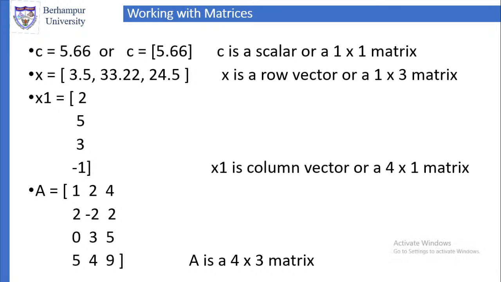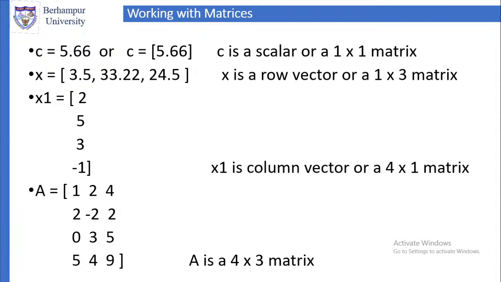Finally, we see a 4 cross 3 matrix, A, written within square brackets. So when you are working with matrices, remember this is how you represent a row vector, a column vector, a matrix, or a scalar.